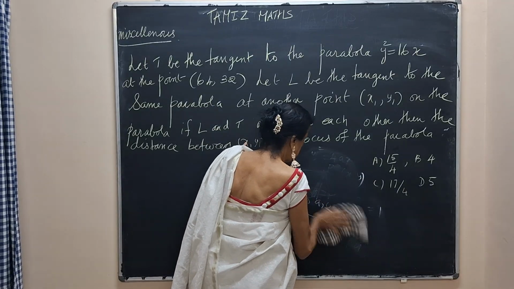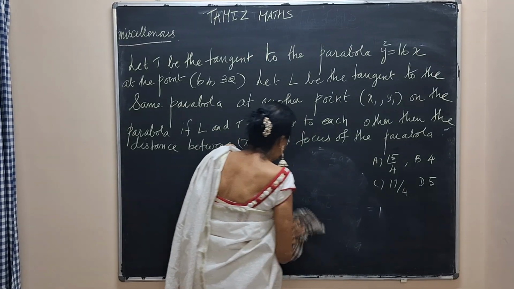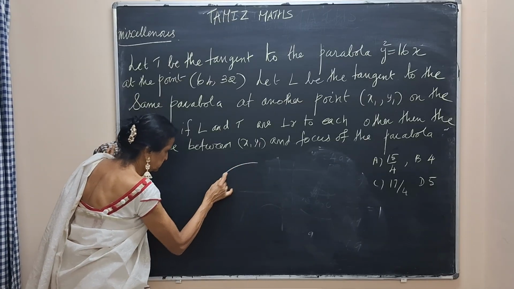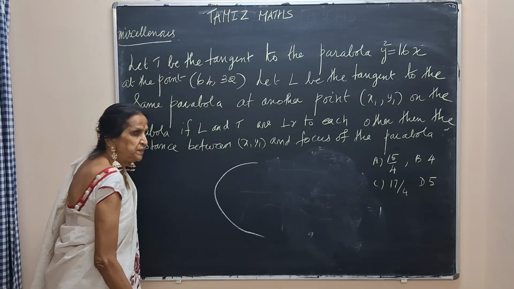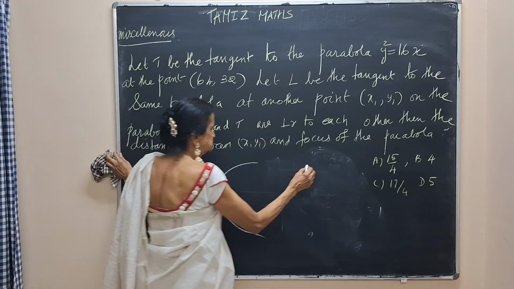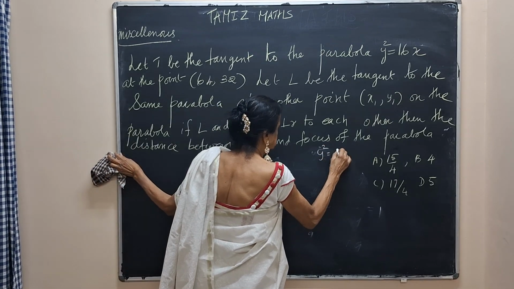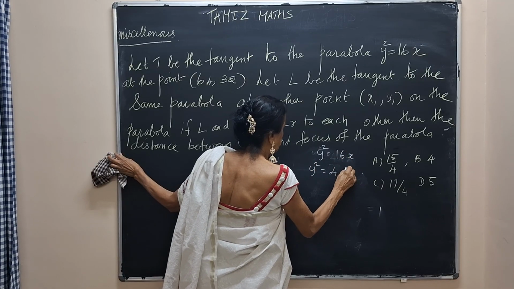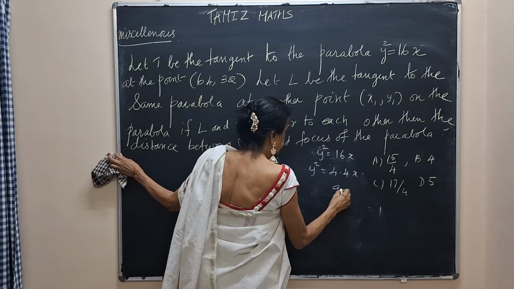Now, we have the parabola y squared equal to 16x. So y squared is equal to 4 into 4x. a is 4.